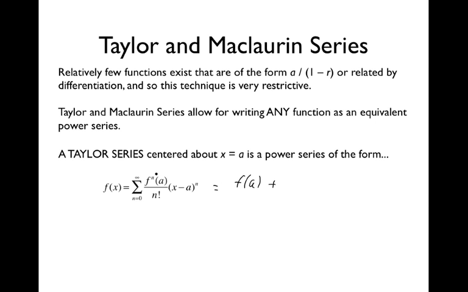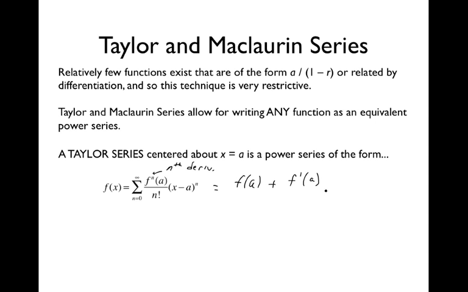It's not to the first, right? What did we say n was here? The nth derivative, right? So when n is 1, we're talking about what? f prime. f prime of a, okay? Is that it?